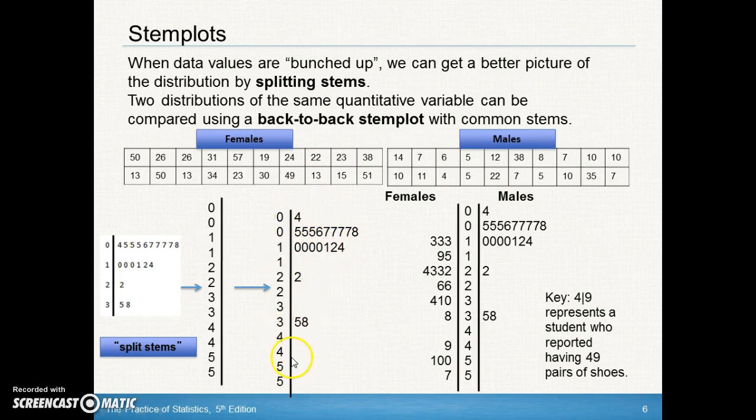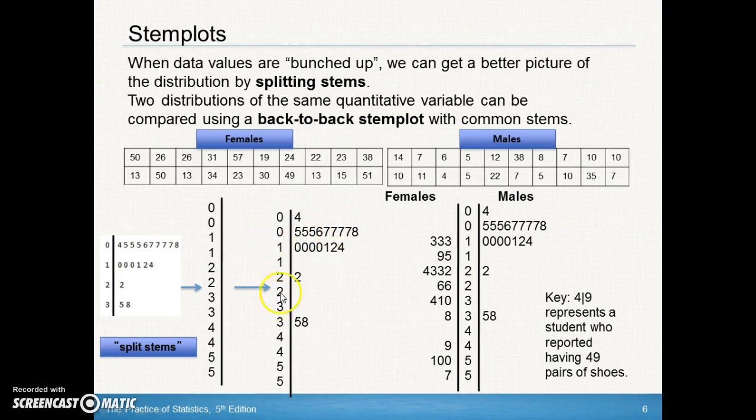There's no right or wrong way to split stems so long as you keep it consistent. So for every single one of these data values, the leaves 0 to 4 will go with the first stem, and the leaves 5 to 9 will go with the second stem.